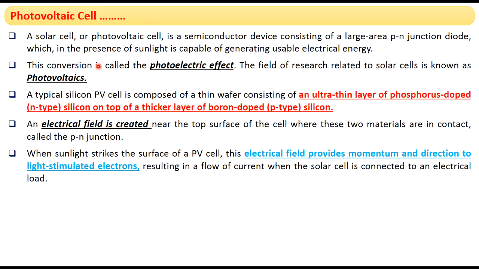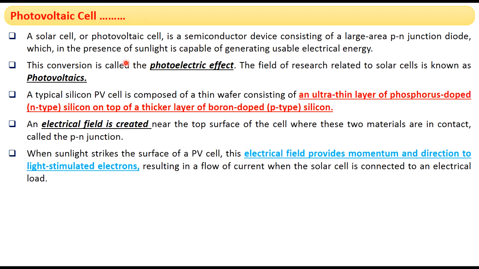A photovoltaic cell is a semiconductor device which consists of a large area of PN junction diode, and in presence of sunlight, the device is capable of generating electrical energy which we can put to use. So these devices can convert the sunlight into electrical energy.